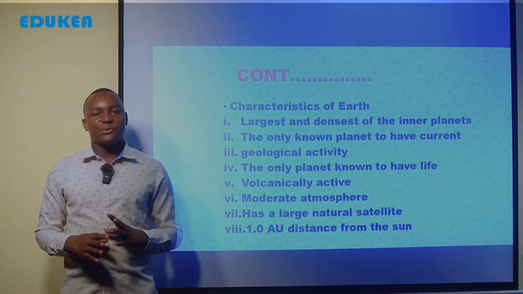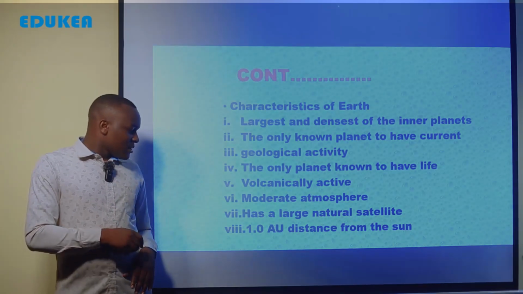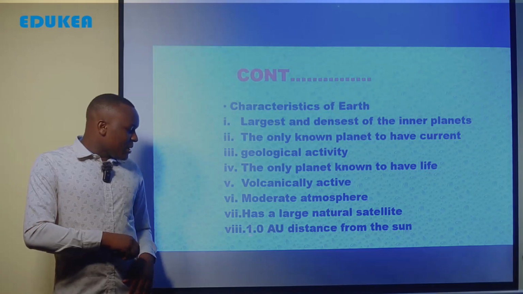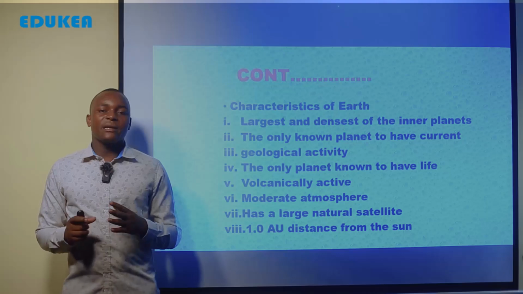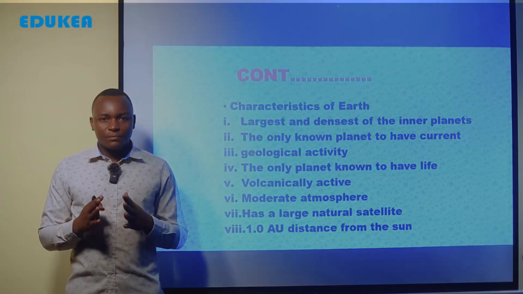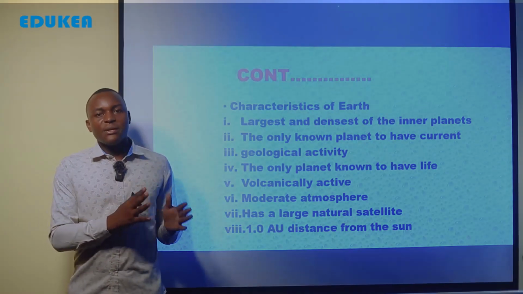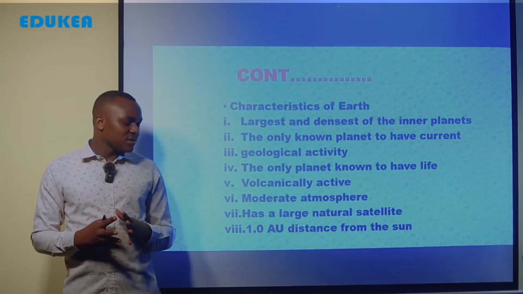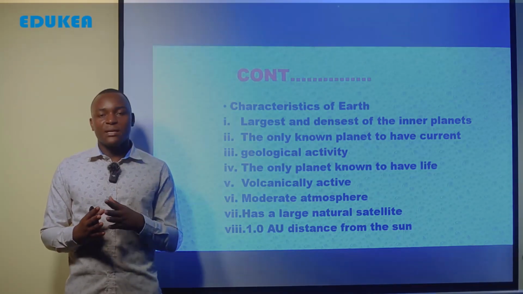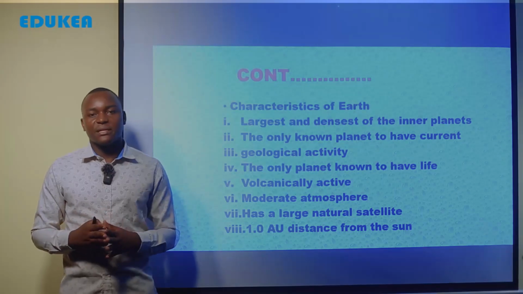We say 1.0 astronomy unit distance from the sun, kwamba ukiangalia umbali ambapo dunia ilipo mpaka jua lilipo, tunasema ni umbali ambao ni 1 AU. Huo ndio umbali kutoka kwenye jua hadi kwenye dunia ilipo.